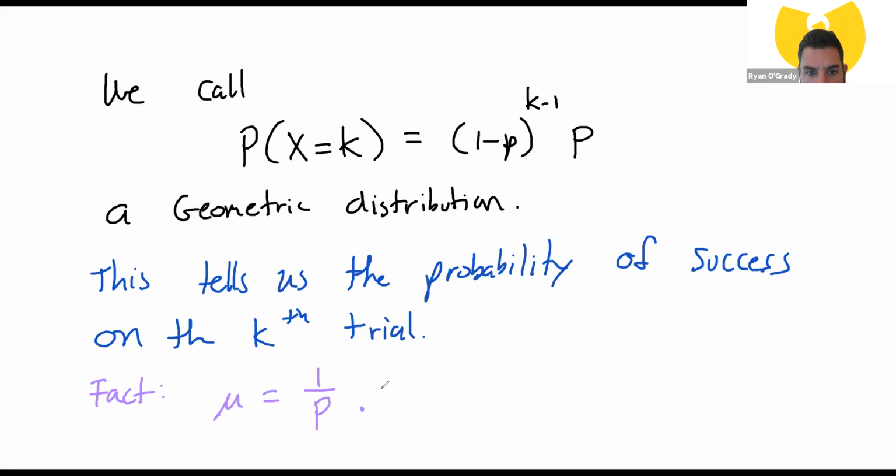Basically this is asking how many flips would we expect until we get a head? Well, if we expect to get a head 1 out of 2 times, then it shouldn't surprise us that we would expect the game to last on average 2 tosses.